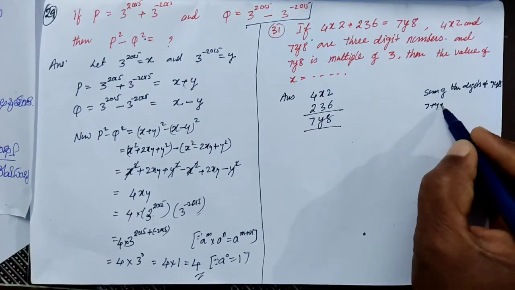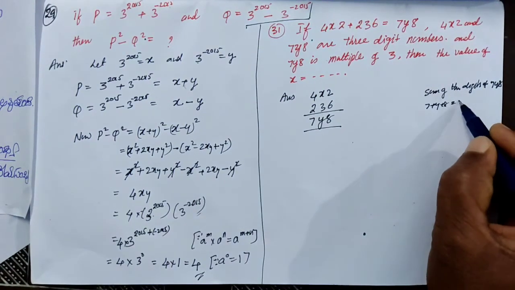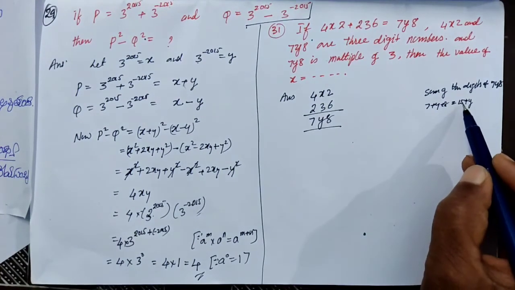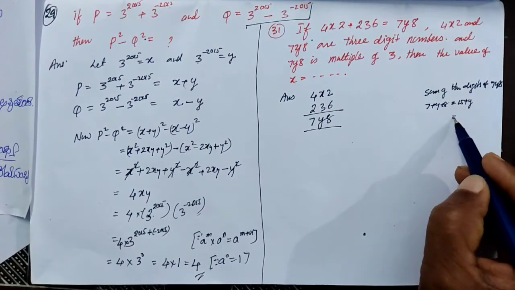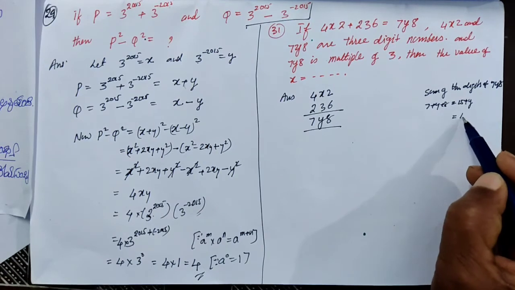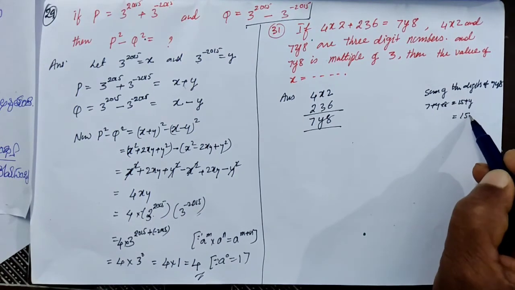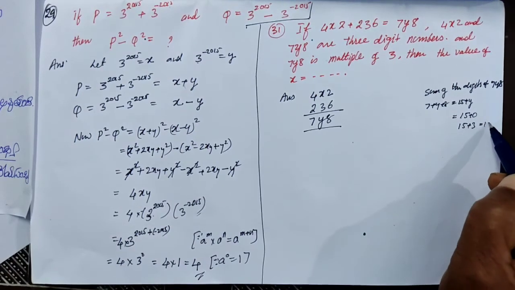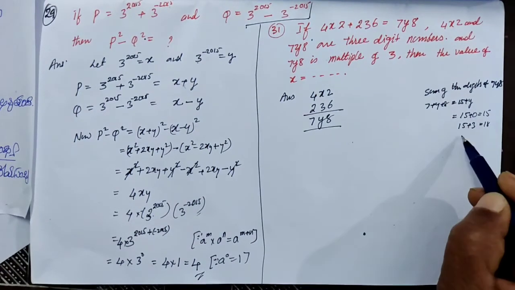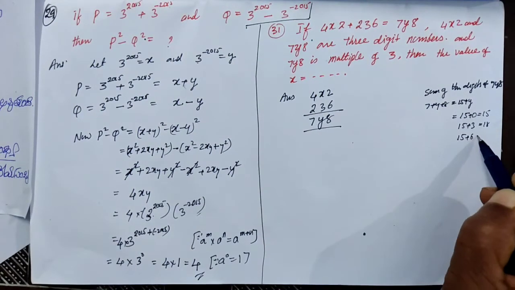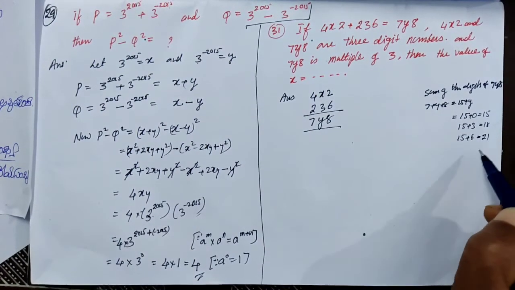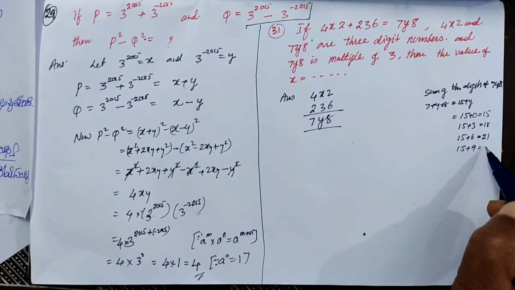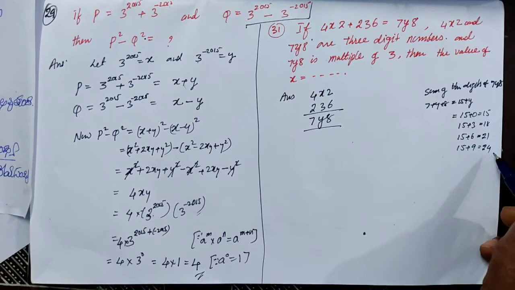Seven plus y plus 8 is equal to how much? 15 plus y. So this 15 is a multiple of 3. Therefore this value may be 15 plus 0, or 15 plus 3 is 18, or 15 plus 6 is equal to 21, or 15 plus 9 is equal to 24, like this.